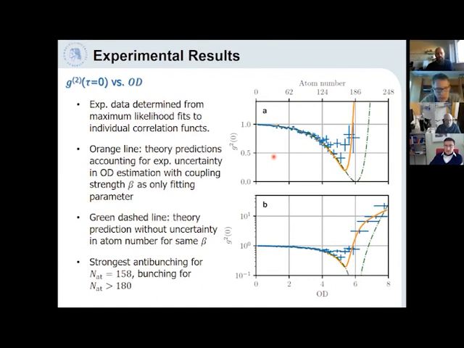In this case, it has been predicted by Darrick Chang and co-workers that you have an exponential gain in the scaling of the fidelity of the quantum memory with optical depth.